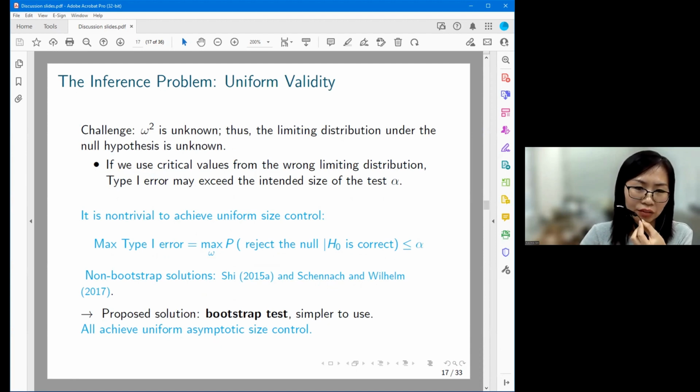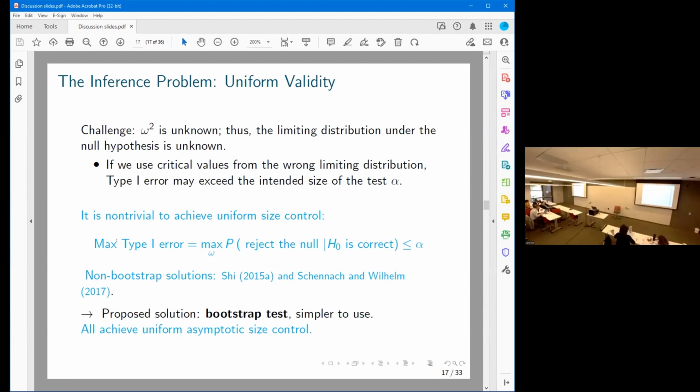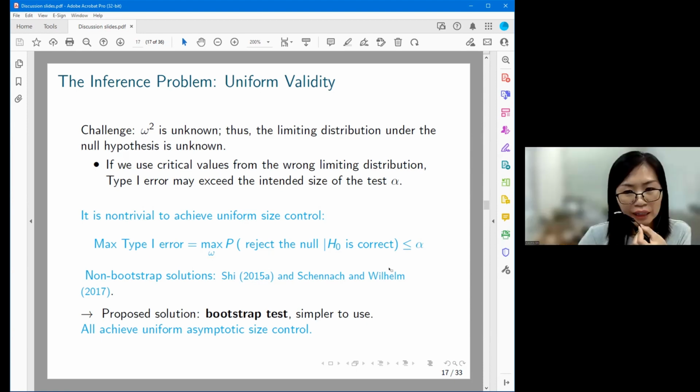And it is therefore non-trivial to achieve uniform size control, which means we want the maximum possible rejection probability when the null should not be rejected to be less than or equal to alpha. That is a basic requirement for hypothesis tests in the Neyman-Pearson framework. So that is not easy to achieve.